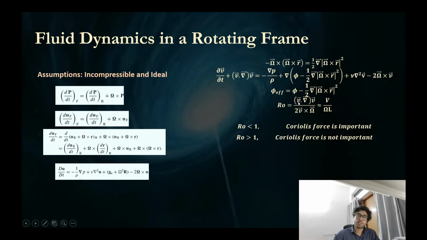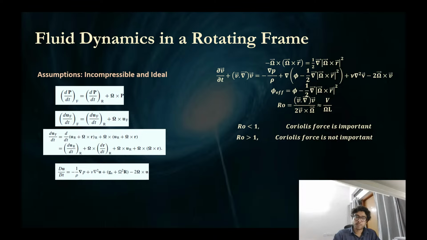And as we also saw earlier while doing linear stability analysis, this advective term is what is causing these instabilities, because this is a nonlinear term and it introduces nonlinearities into the system. This is what causes the instabilities and the turbulence. Therefore, the Coriolis force is actually helping in suppressing the instability, suppressing the turbulence that is caused by the advective force.